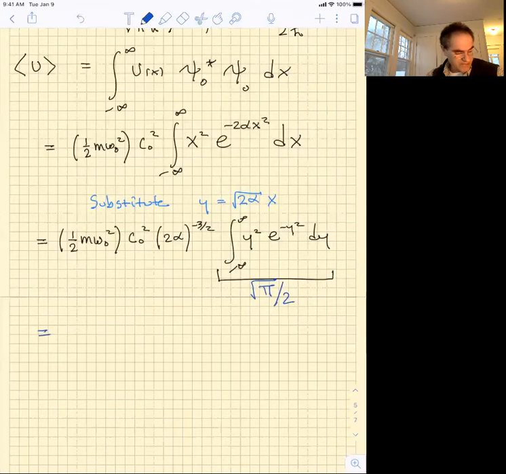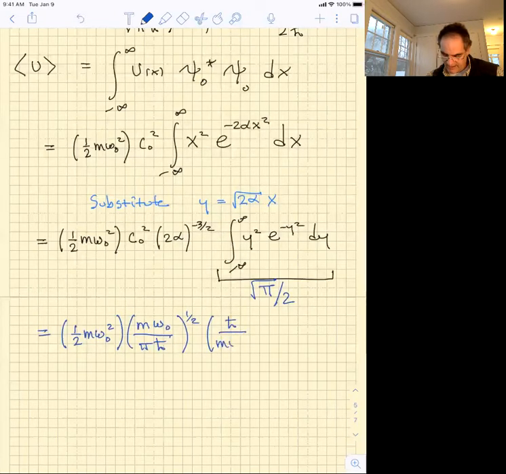So the expectation value of potential energy then is 1/2 m omega naught squared times C0 squared, which is (m omega naught over pi h bar) to the power of 1/2, times, from the next term, (h bar over m omega naught) to the power of 3/2, and then root pi over 2.